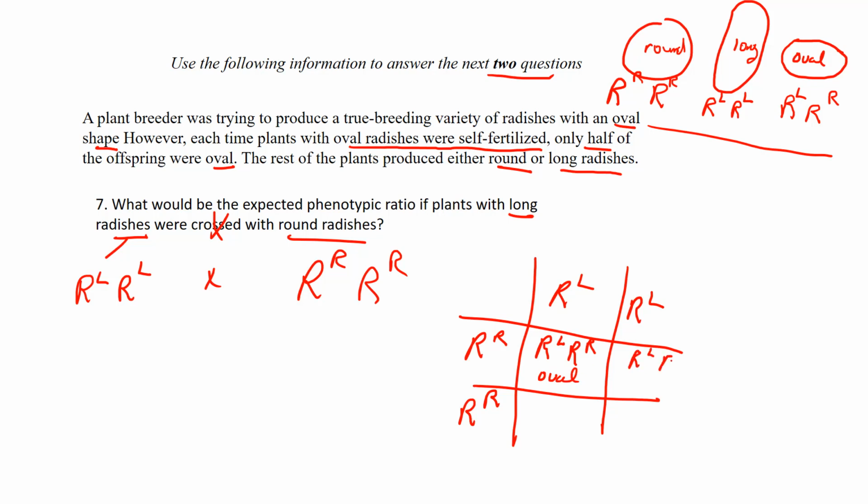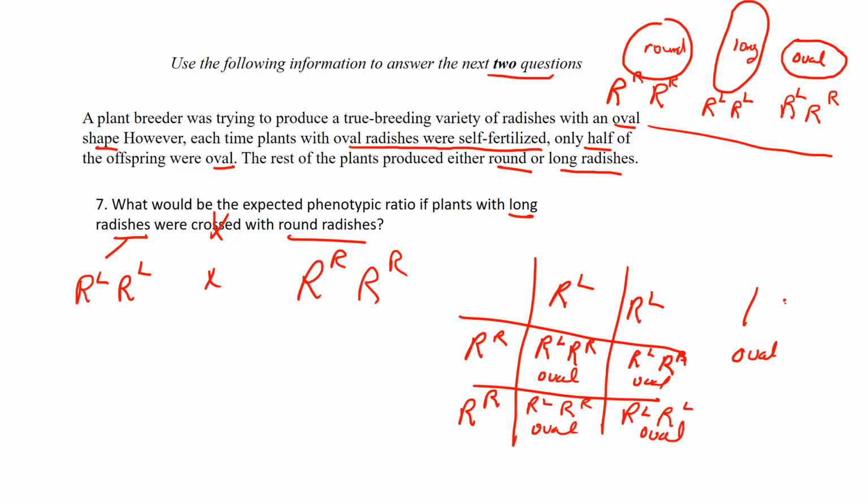Keep this consistent. Doesn't matter which one you put first, but just keep it consistent all the time. That's going to be an oval. Capital R superscript L, capital R superscript R, that's going to be oval. And they're all going to be the same. So 100% of these are going to be oval.